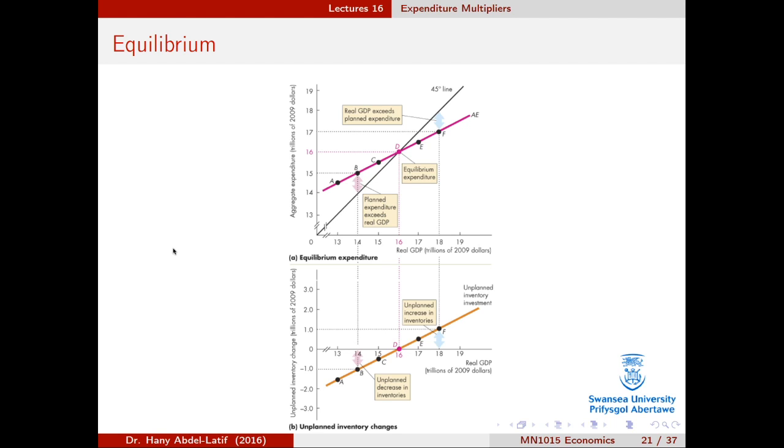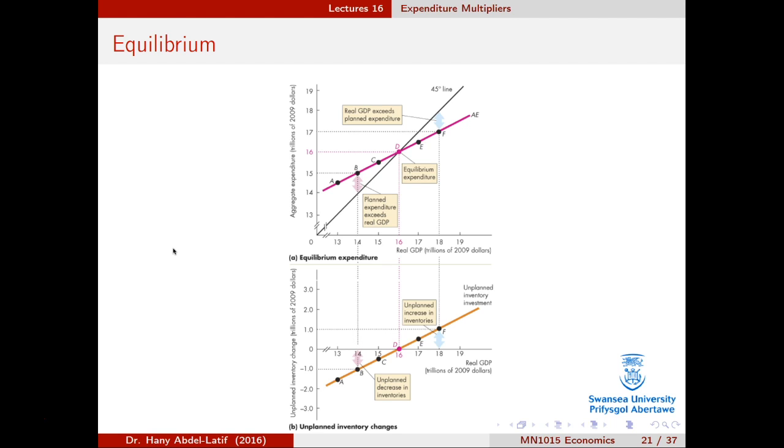So that's what it means. The mechanism through which we go back to equilibrium, which is point D, is important to understand. What's point D? This is where aggregate expenditure, the red line, equals real GDP, the black line. At that point we have equilibrium.